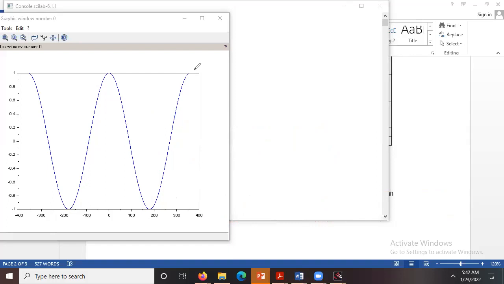Yeah, and then clearly we can see that given the domain, from negative 300 toward positive 300 here, you realize that regardless of the value we give, y is always between -1 and 1.